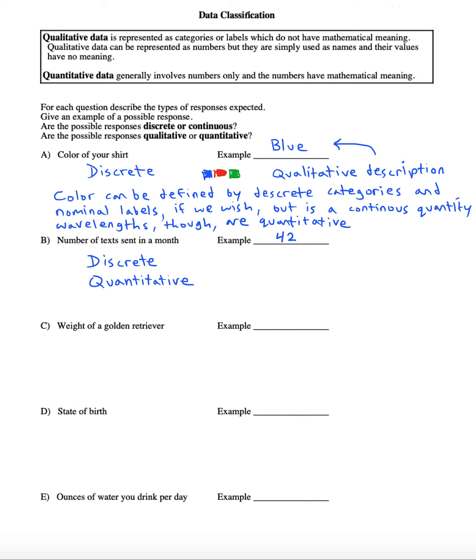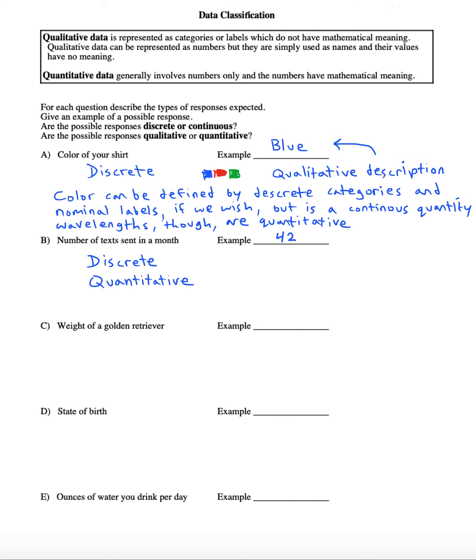Whereas with texts, 0 corresponds to no texts sent. 2 texts would be twice as many as 1. You could add a number of texts to another. You could subtract. These are mathematical operations that would be relevant. So that's why it's quantitative.